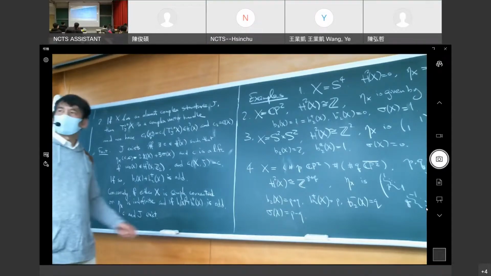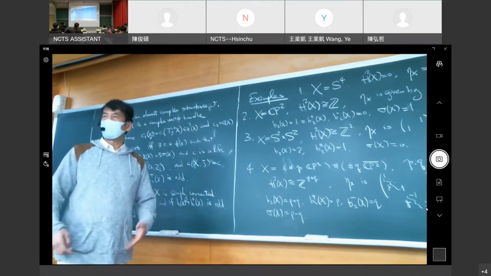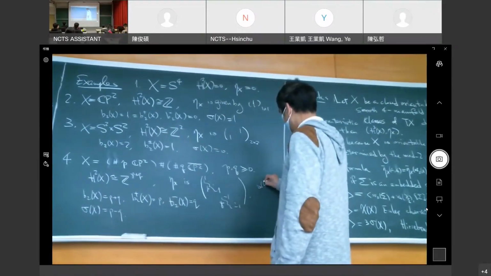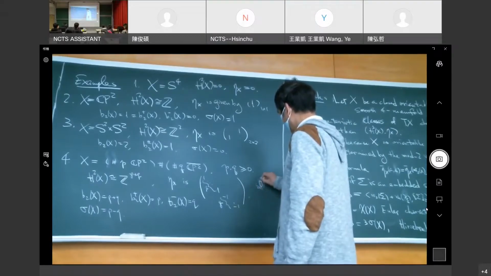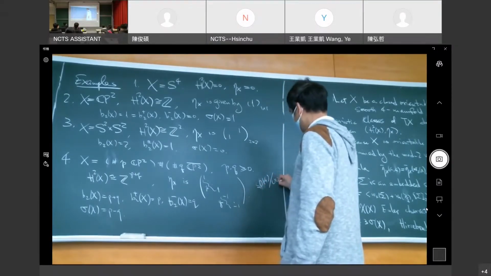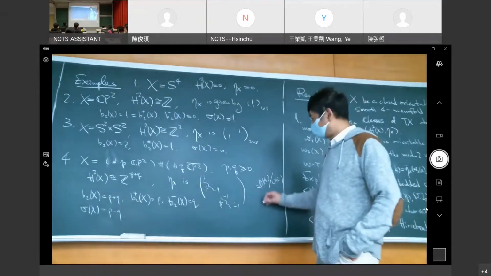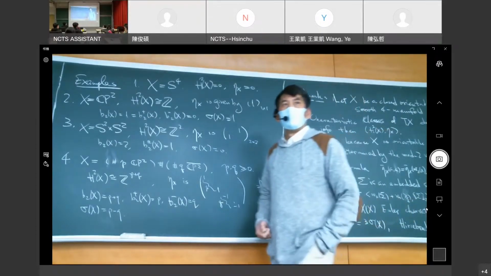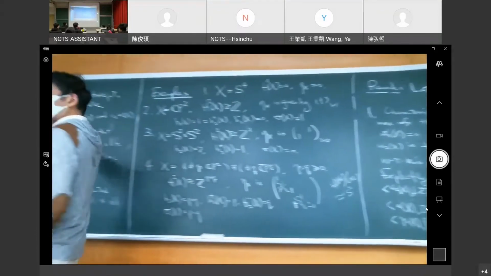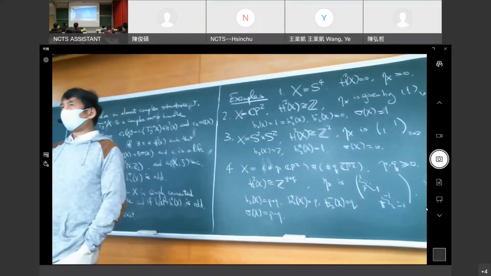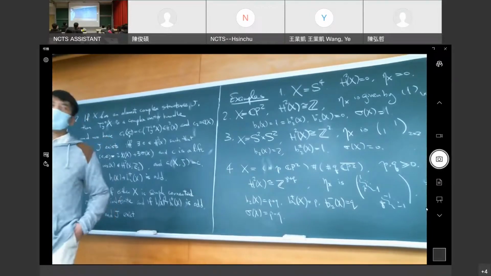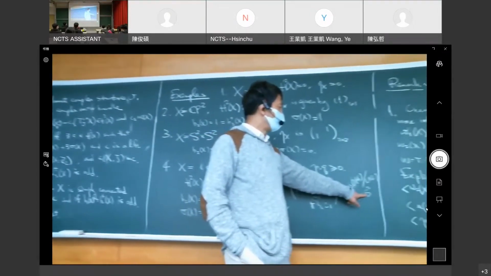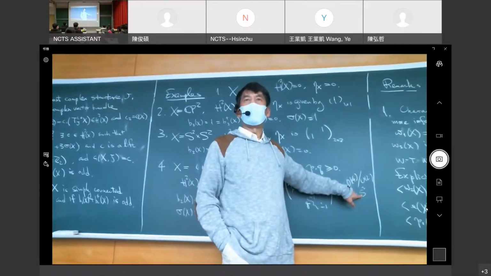So if you look at how many complex structures there are, you find out that the set of complex structures is SO4 mod U2, and that's homeomorphic to a two-sphere. So an almost complex structure, without worrying about integrability condition, is actually a section of the S2 bundle over the four manifold.